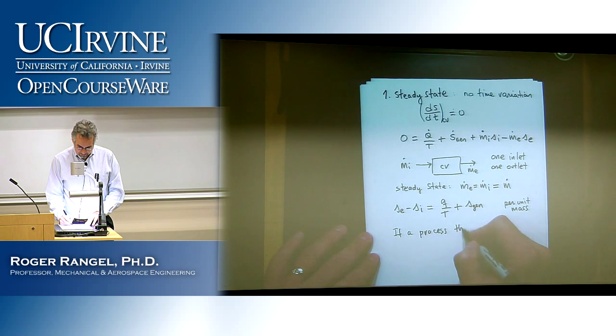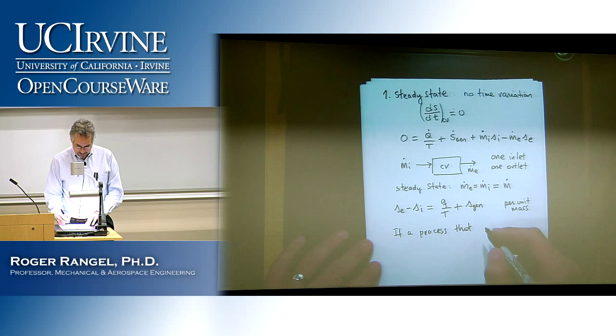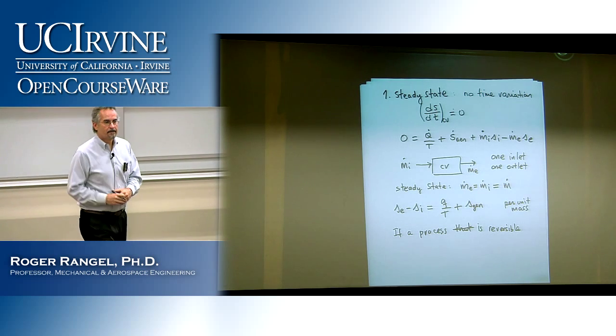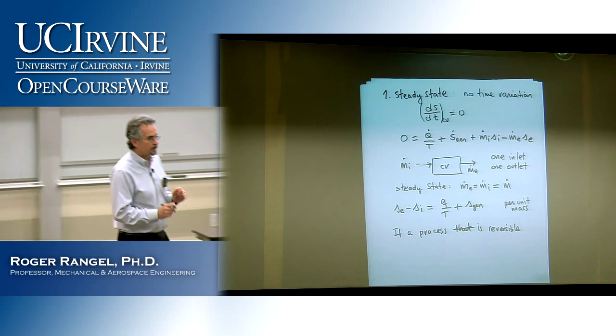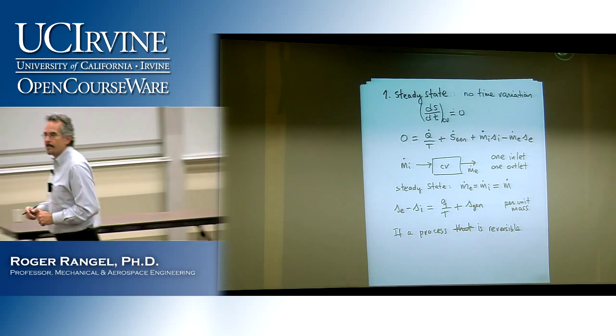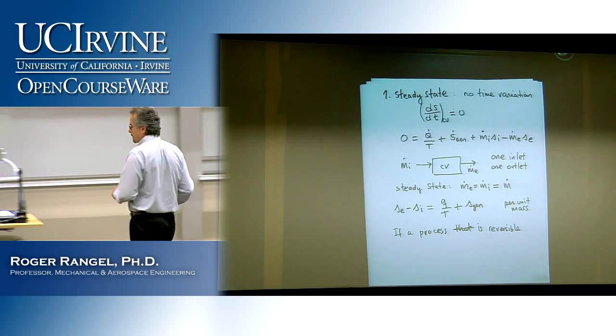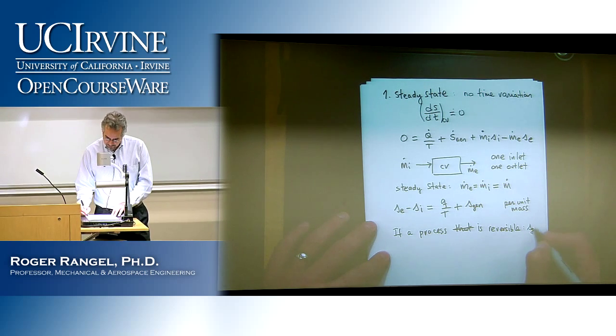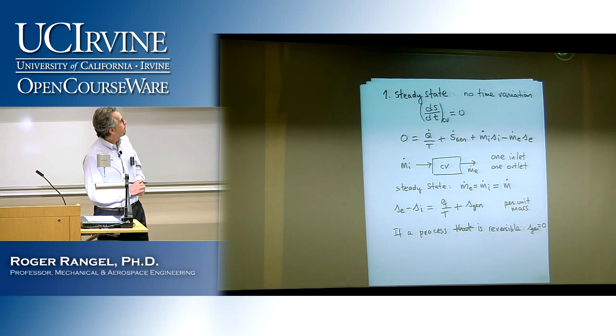that is reversible, which is known as an idealization. If a process is reversible, then what happens? If a process is reversible, there is no entropy generation. So if a process is reversible, then S generation is 0.